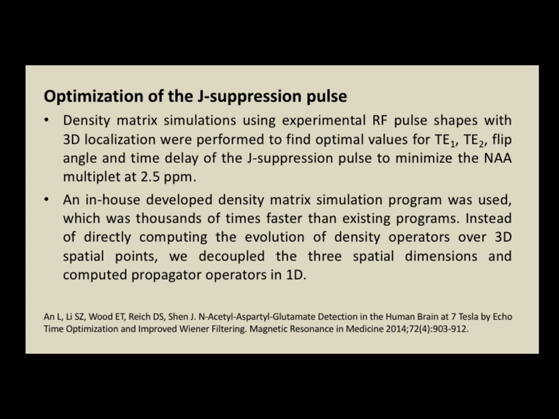The reason is that we realized we don't need to compute the density operators over 3D spatial points. That is very time consuming. Instead, we compute the propagator operators, and the 3 dimensions can be decoupled. So basically, we compute those in 1D repeatedly. That makes our program much faster.